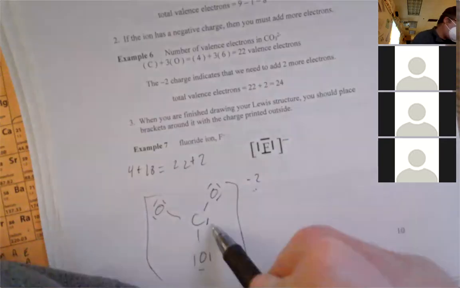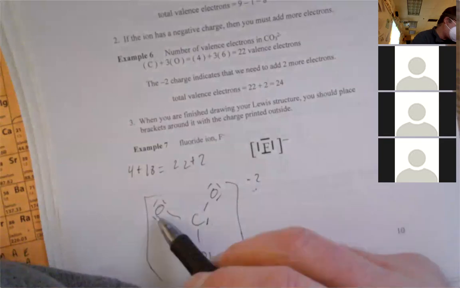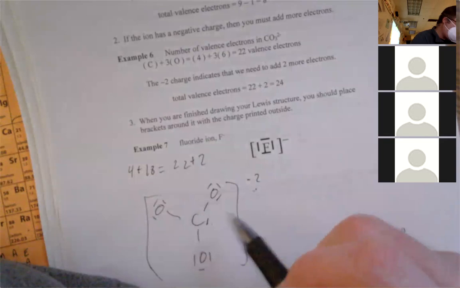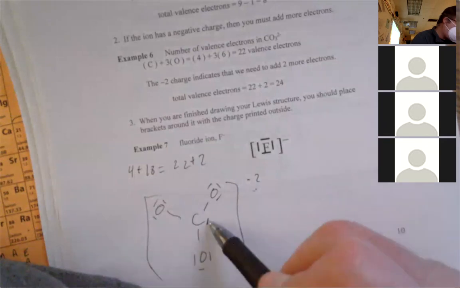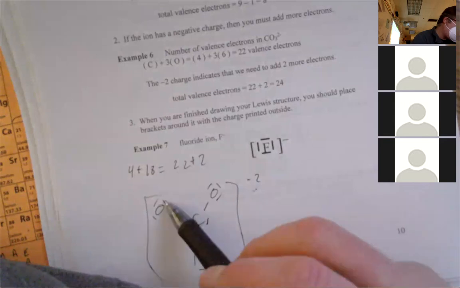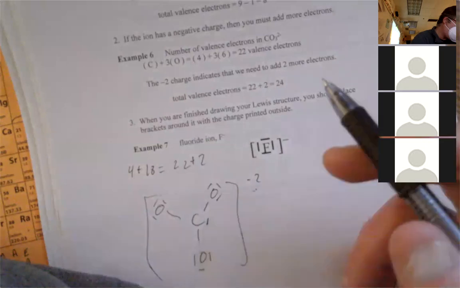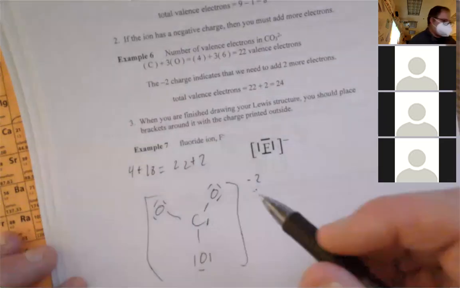2, 4, 6, 8, 10, 12, 14, 16, 18, 20, 22, oh, wait, what's that? Am I not counting this right? One more time.